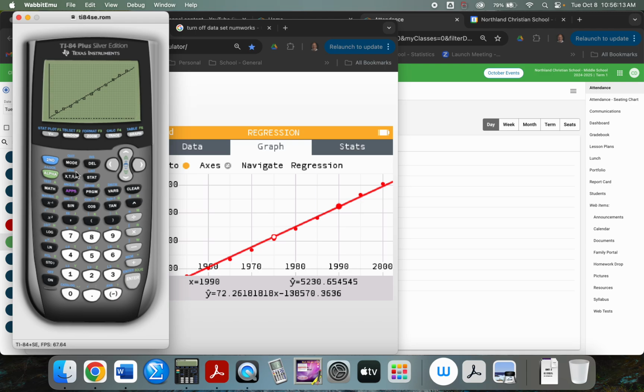To look at the residuals, I'm going to go back to y equals. I am going to turn off this line. So you just go over the equal sign and hit enter. I'm going to go up to plot 1 and turn it off. I'm going to go to plot 2 and turn it on.